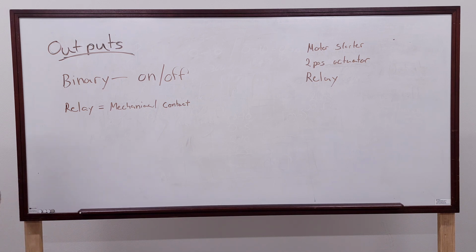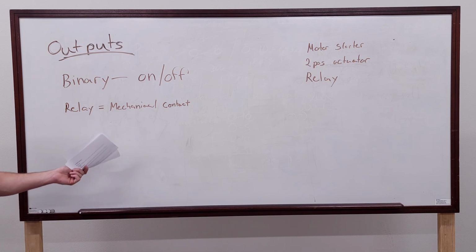So relays have a couple benefits. They are better at holding a load, and they isolate the controller from any errant voltage. So say you're using it to start a heater, right? And it has a big contactor on it, and that contactor burns up and sends voltage back down the control wire to the controller.